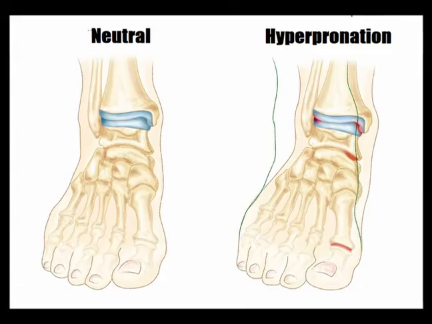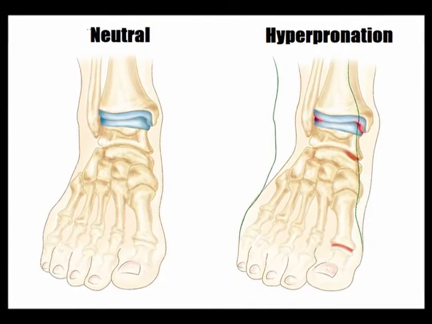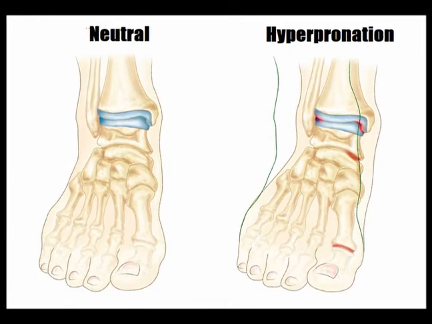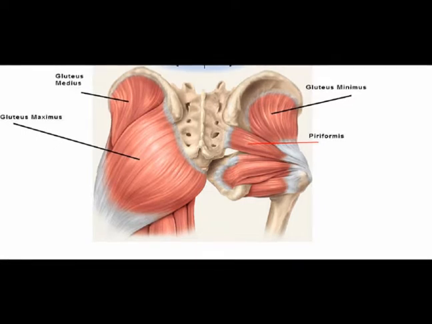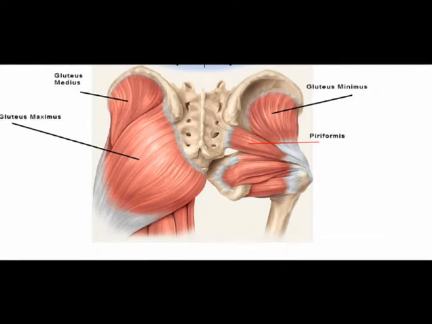Now, the biomechanical faults of iliotibial band syndrome, there can be a couple different things. There can be a weakness in the foot muscles where someone is hyperpronated. There can also be weakness in the gluteal muscles. Because especially the gluteus medius muscle functions to help to stabilize the pelvis.